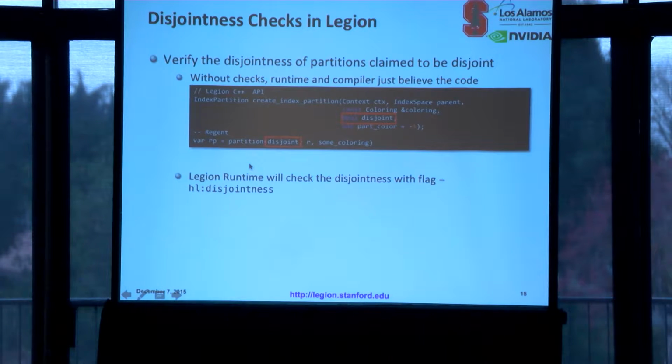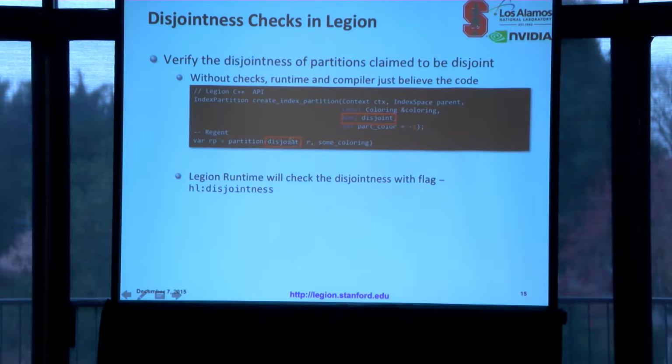So I'm going to talk about debugging support from Legion and Regent from now. In both Legion and Regent, we have to specify whether some of the index partitions are aliased or disjoint. So in the C++ API, you can pass the argument here to say this index partition is disjoint.